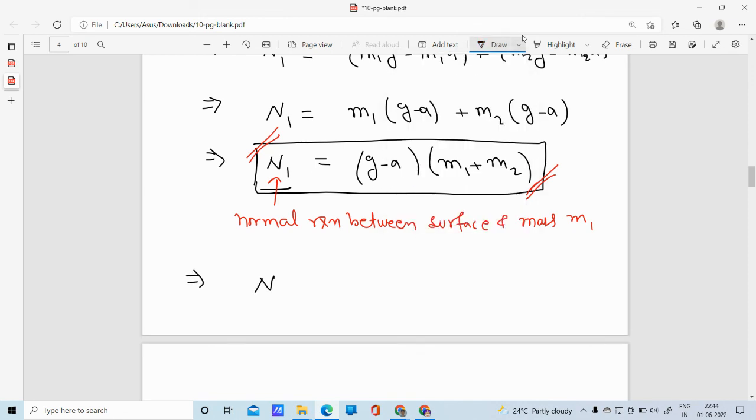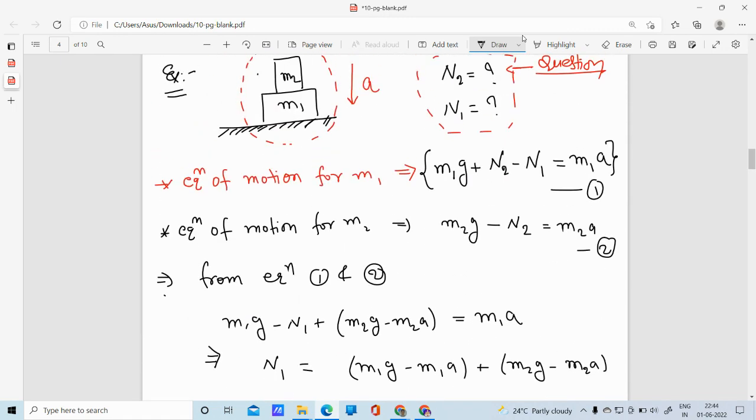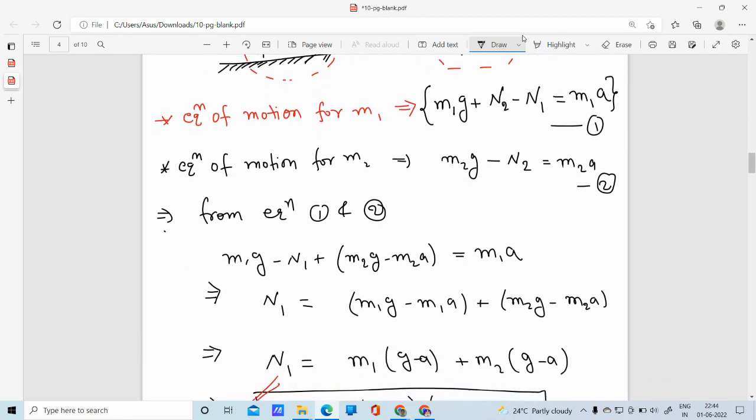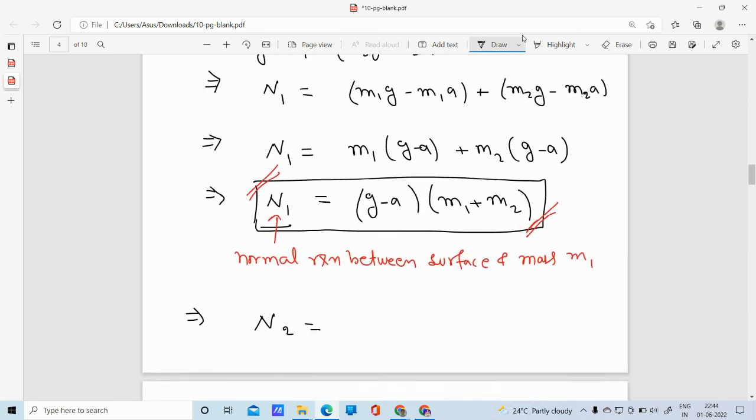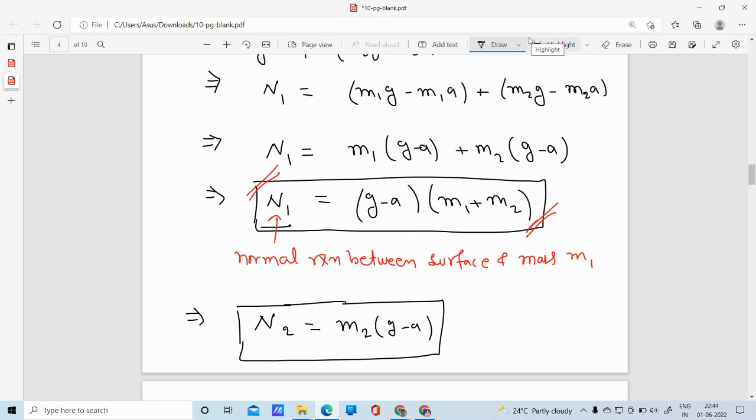And N2 is, from here we can write, simply M2(g minus a). Using this method, we can find the normal reaction between the blocks.